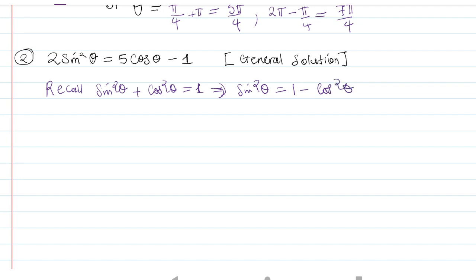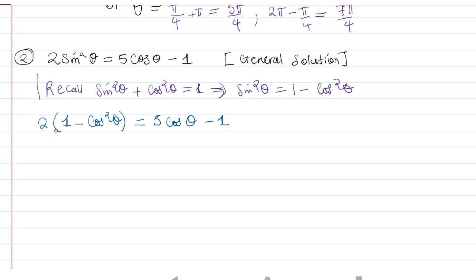So we can go ahead and substitute, meaning that the given question becomes 2, open parenthesis, 1 minus cos squared theta, close parenthesis, is equal to 5 cos theta minus 1. Okay?